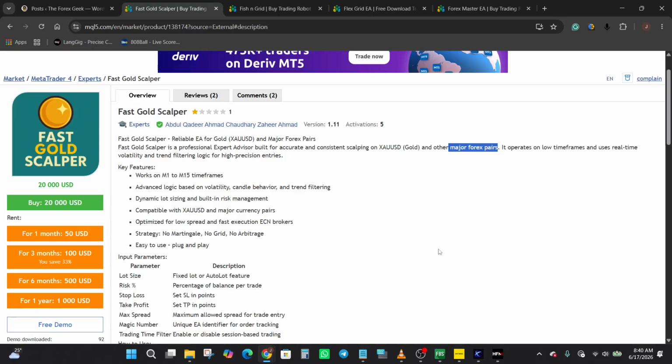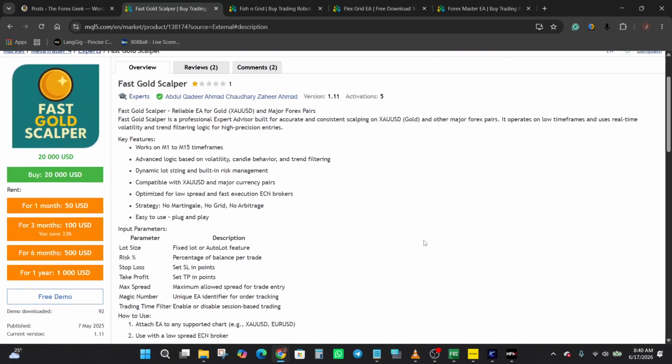Looking further into the description, the developer states that the EA is built for scalping and is intended to operate on lower time frames ranging from M1 through M15. The product description also mentions that the trading logic incorporates volatility analysis, candle behavior, and trend filtering to help identify potential trade opportunities.